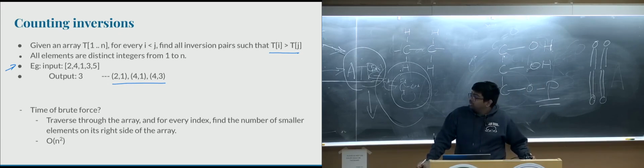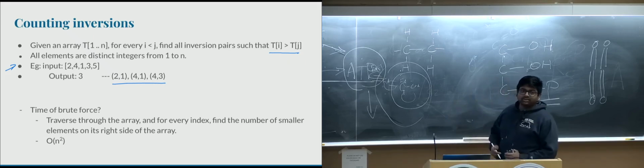We somehow want an algorithm which works better than O of n square. That's fine. Should we proceed?